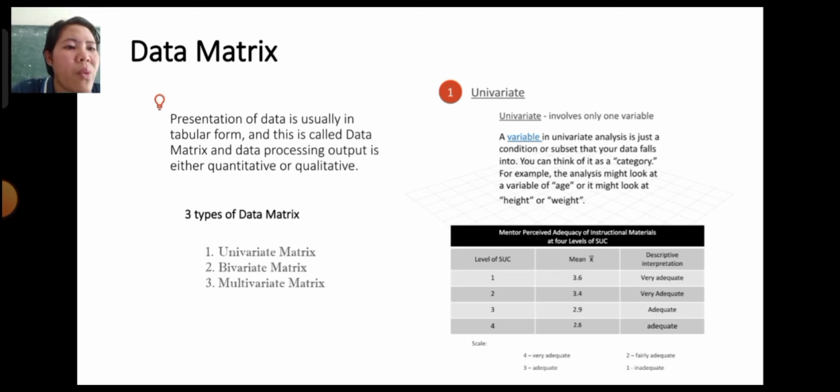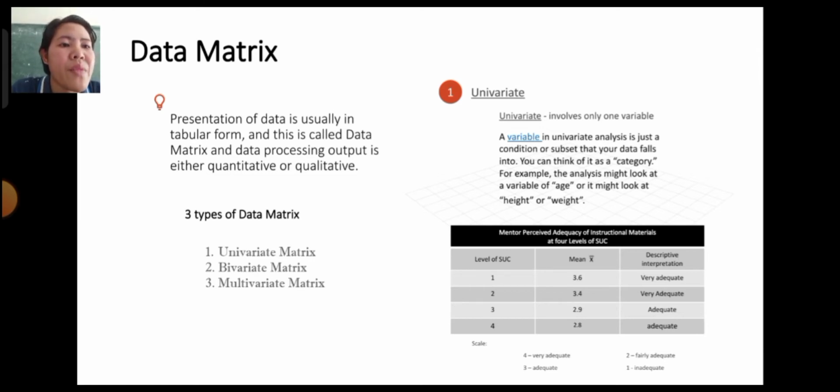Okay, we have a scale here. 1 means inadequate, 2 fairly adequate, 3 adequate, and 4 is very adequate. Okay, example, mentor perceived adequacy of instructional materials at 4 levels of SUC. Okay, we have here level of SUC, the mean, and the descriptive interpretation.